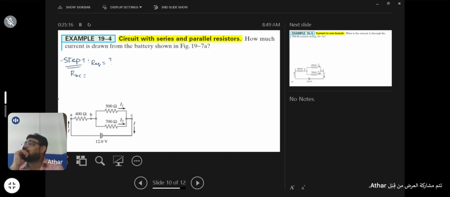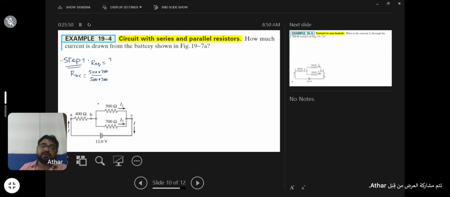What is the resistance across terminal BC? It is a parallel combination. I will multiply and add: the numerator will be multiplied and the denominator will be added. So RBC, because it is parallel, is 500 times 700 divided by 500 plus 700. The same thing: 1 over R equivalent is equal to 1 over 500 plus 1 over 700.